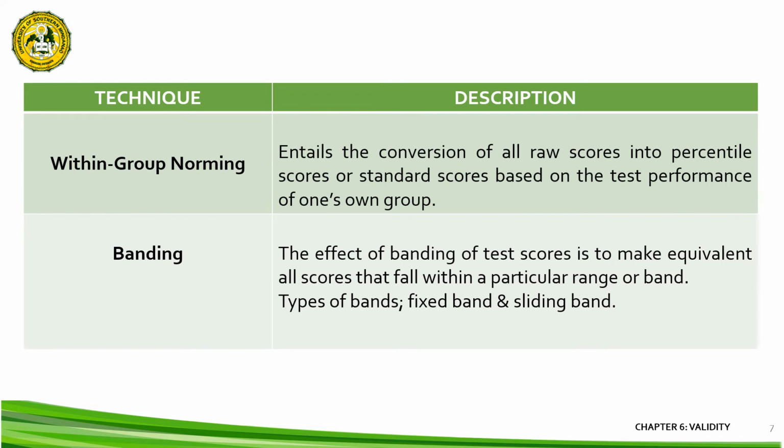An equivalent of 96 to 98 is considered a numerical value of 1.25, and a score equivalent to 93 to 95 is considered a numerical value of 1.50, and so on. So it is simply grouping the test scores into ranges and treating the scores in that range as equivalent. There are two types of banding, the sliding band and the fixed band.